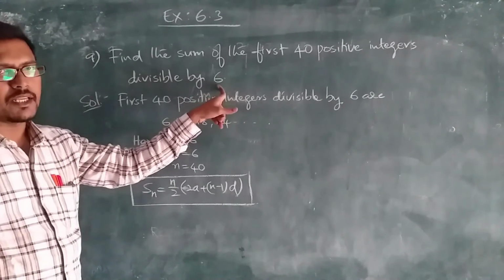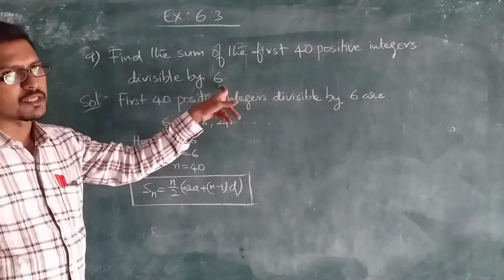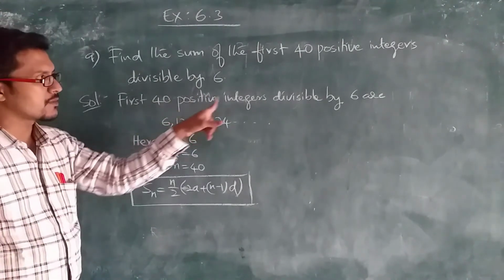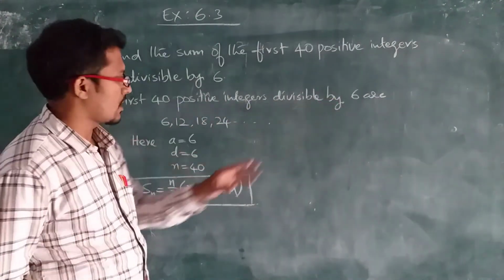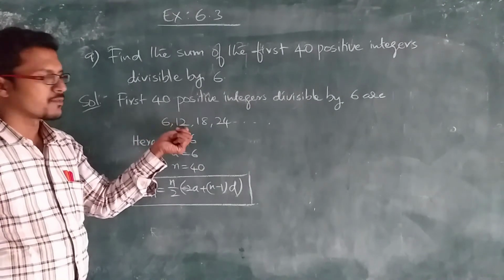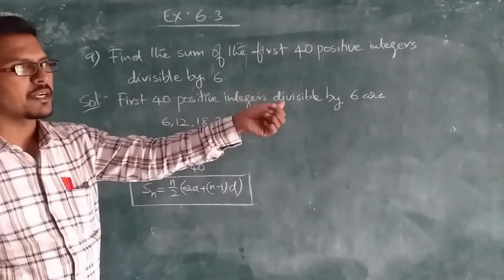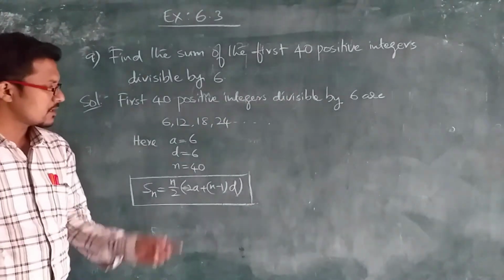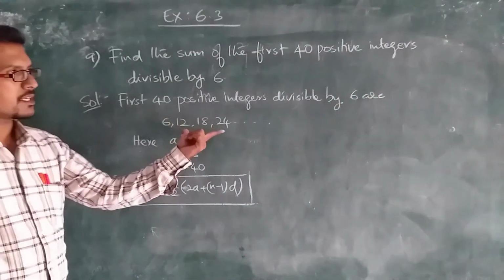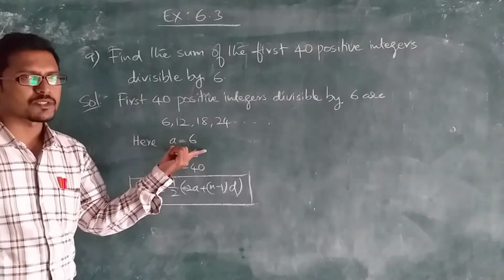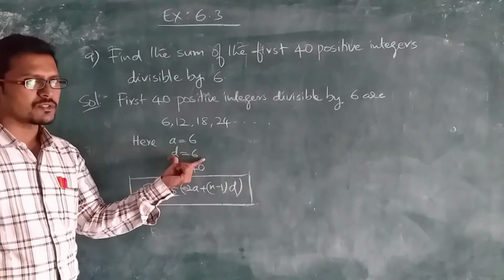First 40 numbers which are divisible by 6. We know the first 40 positive integers divisible by 6 are 6, 12, 18, 24, 30, 36, 42 and so on. So, let us write this as an arithmetic progression. We get the first term a is equal to 6 and d is also 6.